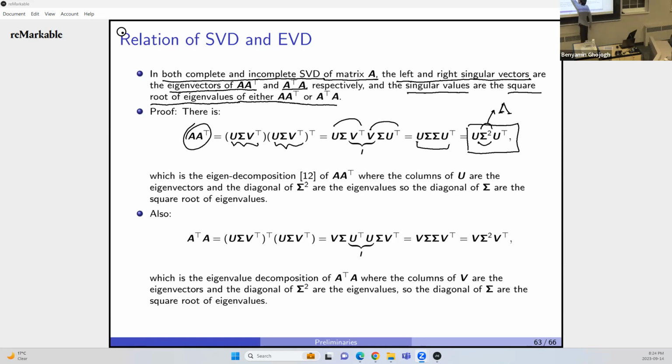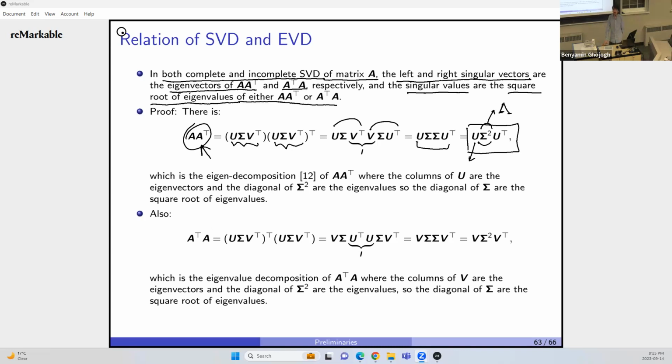We started with A A transpose, replaced A with a singular value decomposition. We ended up with the eigenvalue decomposition U sigma squared U transpose, right? Therefore, U here is the eigenvectors because U sigma squared U transpose is the eigenvalue decomposition of A A transpose. We just proved that, right? Therefore, U is the eigenvectors of A A transpose. On the other hand, U was the left singular vector.